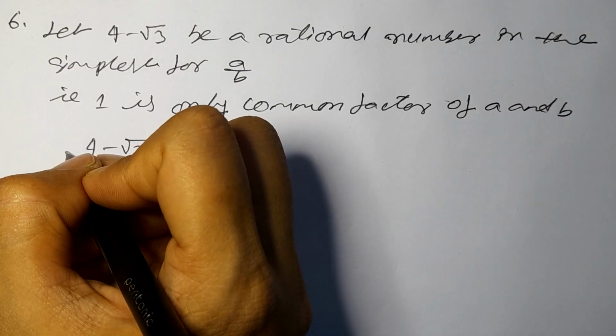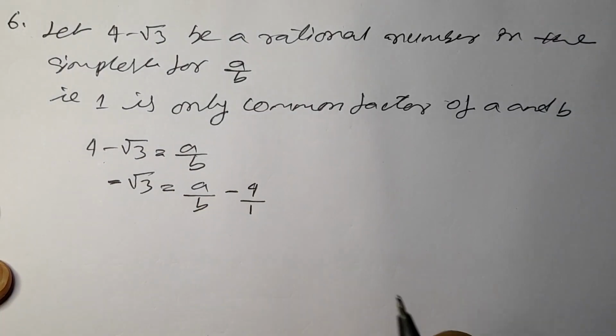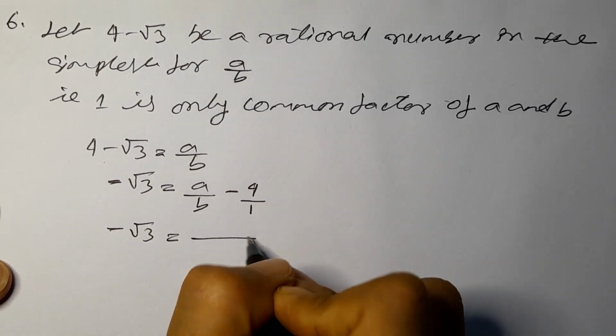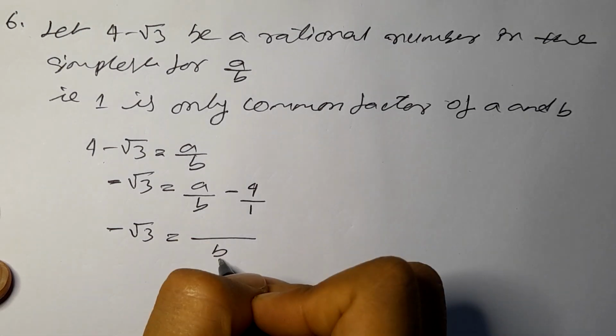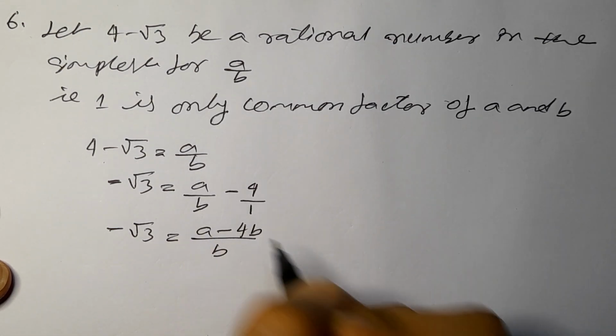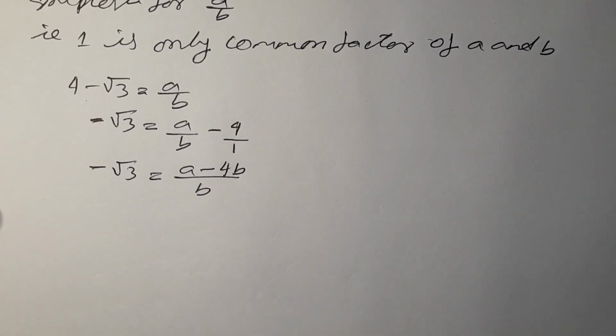Since it is a plus 4, it will be minus, and to make it a fraction, divide it by 1. So minus root 3 is equal to a by b minus 4 by 1, and by the LCM it will be a minus 4b over b. Here we cannot keep any negative, so what will you do?